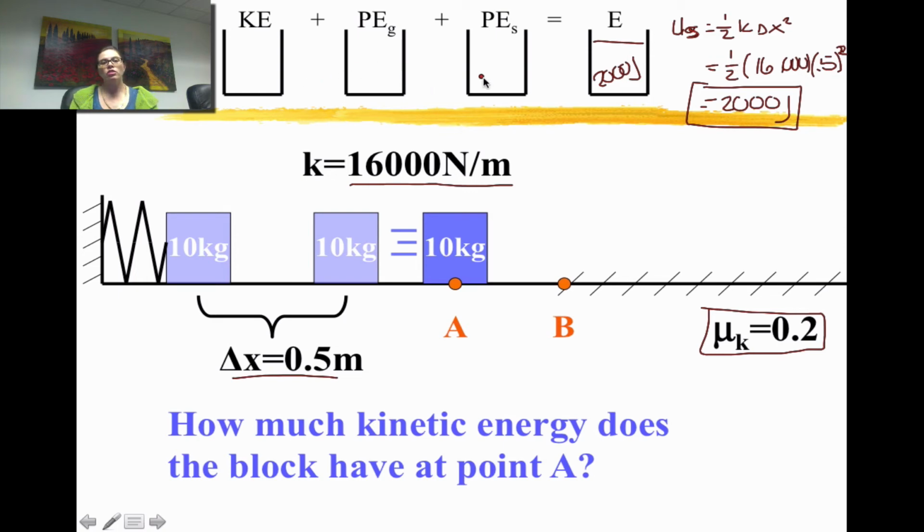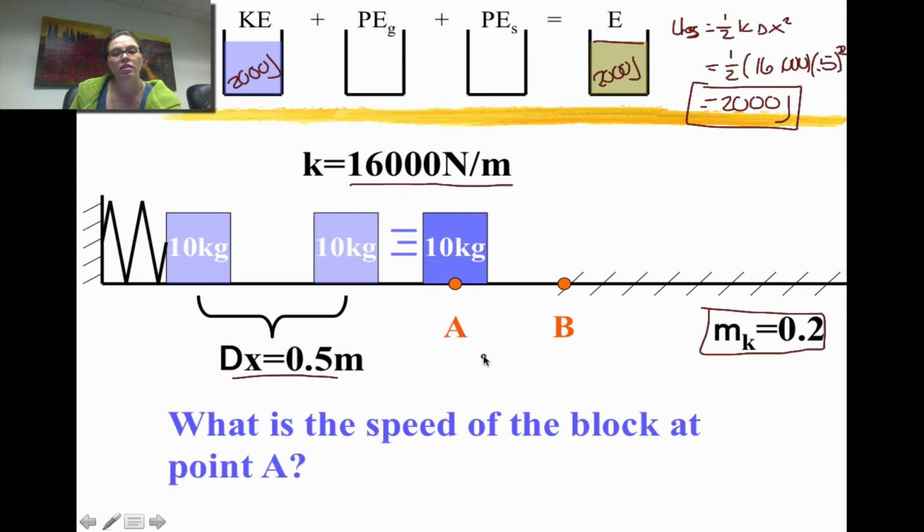So all the energy must be kinetic energy now. So we have 2,000 joules of kinetic energy.